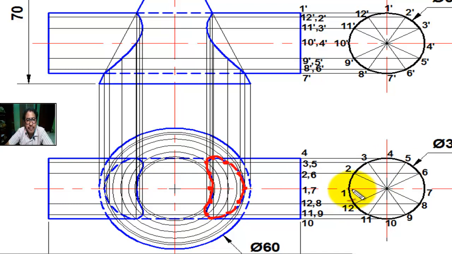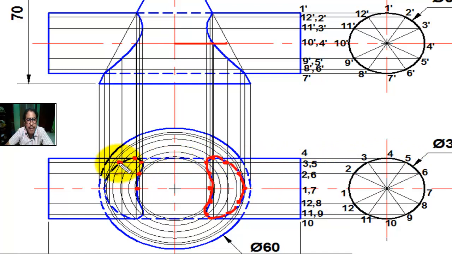In this way, on the left side, from 1 it cuts 1 number line. From 2 it cuts 2 number circle. From 3 it cuts 3 number circle. From 4 it cuts 4 number circle, that means radius of 4, this radius.